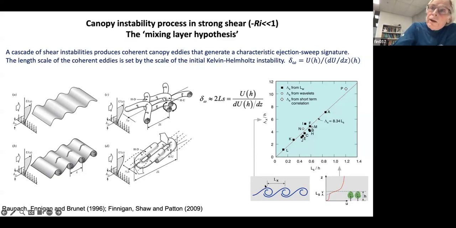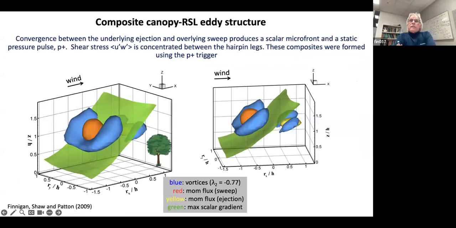We actually did some measurements of this over a whole series of canopies, calculated from the shape of the inflection point, and compared that with the spacing of the vortices over a range of canopies from 5 centimeter wind tunnel models to 20 odd meter forest canopies, and we got this quite remarkable correspondence, which suggested that this was actually the origin of these things.